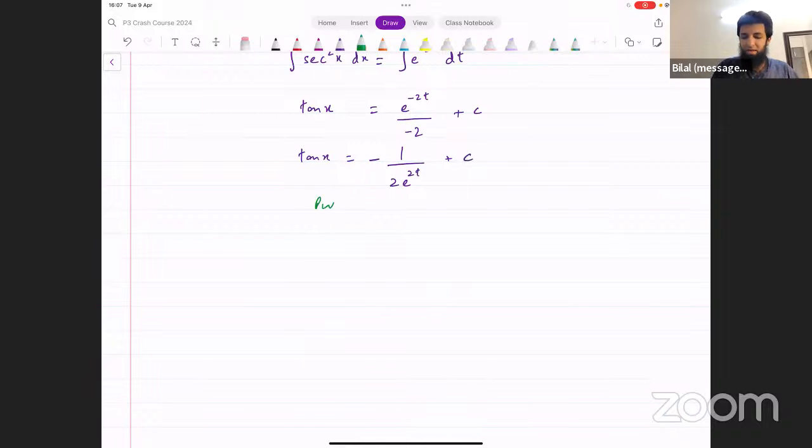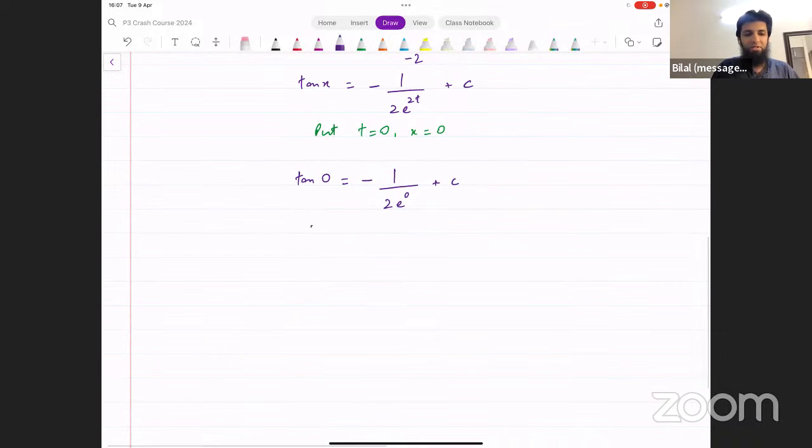Now you input those values. You say for t equals 0 and x equals 0. That's a point that we're given. You can use that point to find the value of c and see what that gives you. So tan of 0 equals minus 1 over 2e raised to the power 0 plus c. Tan 0 is 0. e raised to the power 0 is 1.